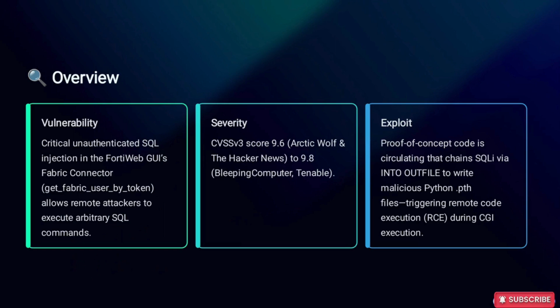So the exploit, what actually it does. There is proof of concept code circulating that chains SQLi via INTO OUTFILE to write malicious python .pth files, triggering remote code execution, or RCE, during CGI execution.